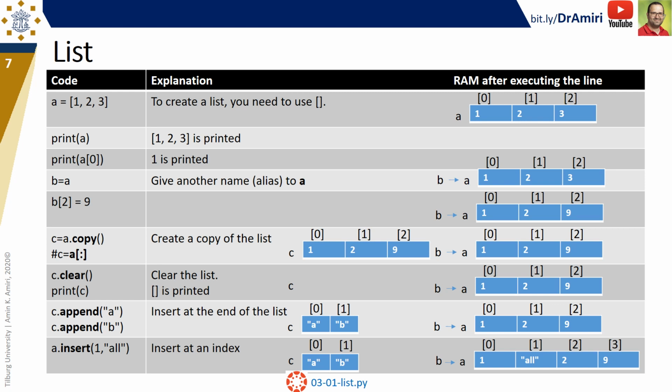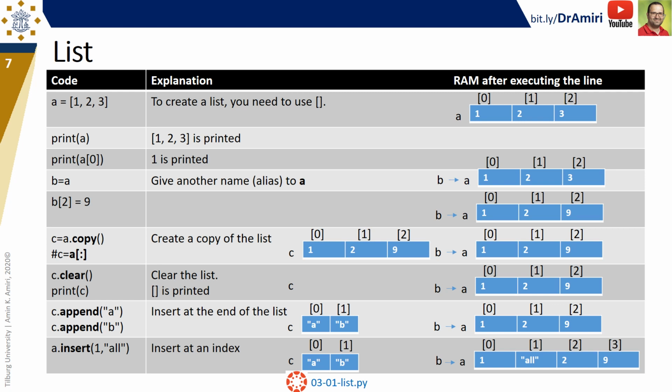However, you can create a copy of a list using the copy method. So write down the name of the list, which is A2 here, put a period, a dot, and then write down copy. Or you can use a bracket colon to create a copy of a list.